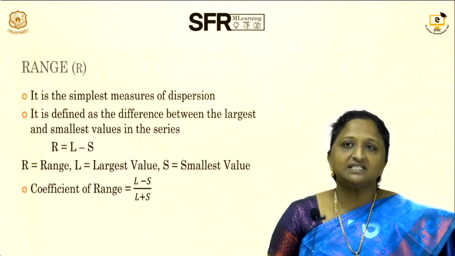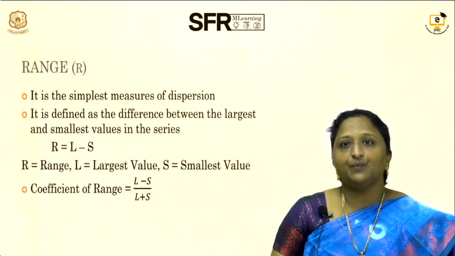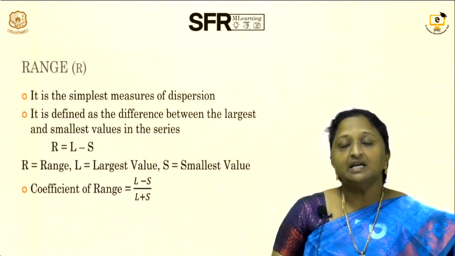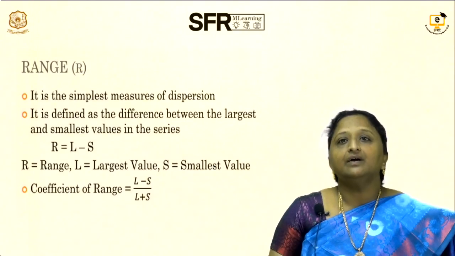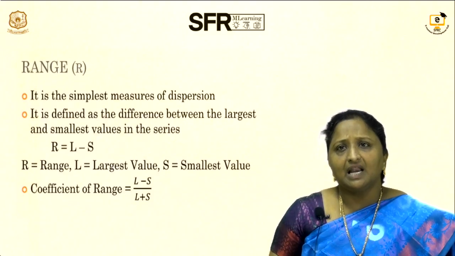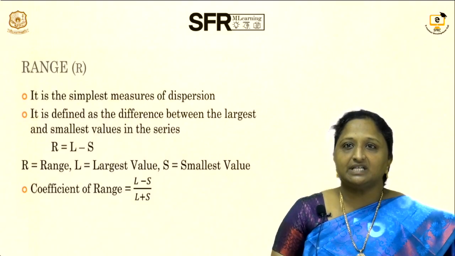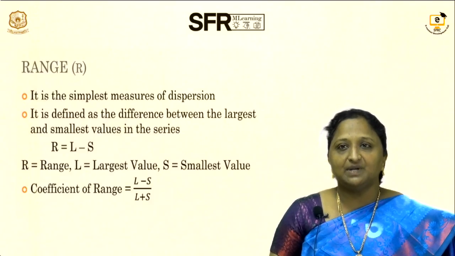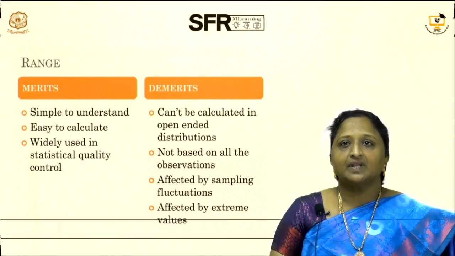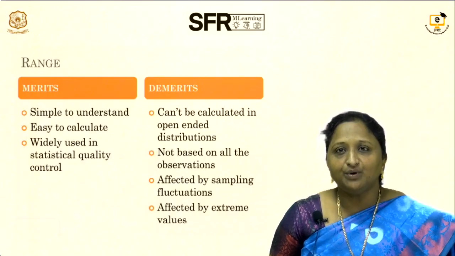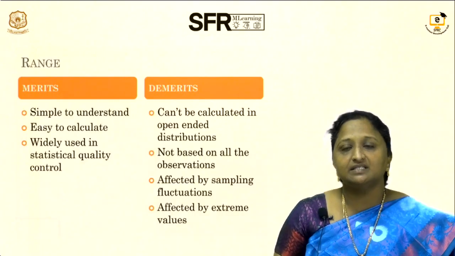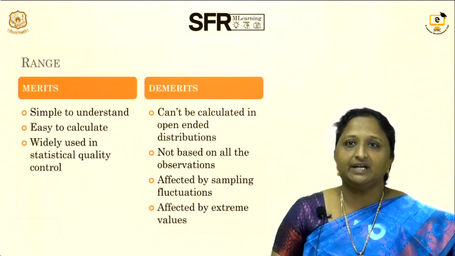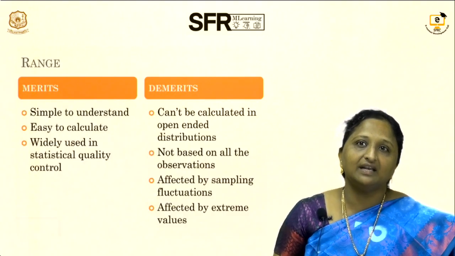It is the simplest measure of dispersion. It is defined as the difference between the largest and smallest values in the series. It is very simple to calculate. The range is R, the largest value is L and the smallest value is S. We calculate the coefficient of range as L minus S by L plus S. Next, the merits and demerits of range. Merits: simple to understand, easy to calculate, widely used in statistical quality control.